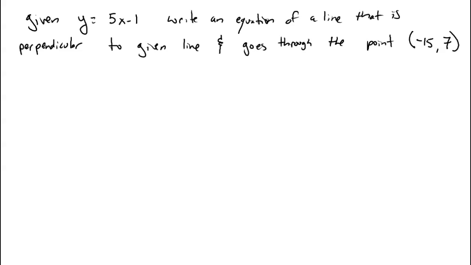Okay. So remember, perpendicular means that your slope is the opposite reciprocal. So I gave you a positive number, so it's going to be negative. And then we're going to flip the 5 to make it 1/5. And here's my x, here's my y. So again, mx plus b. My y value is 7.